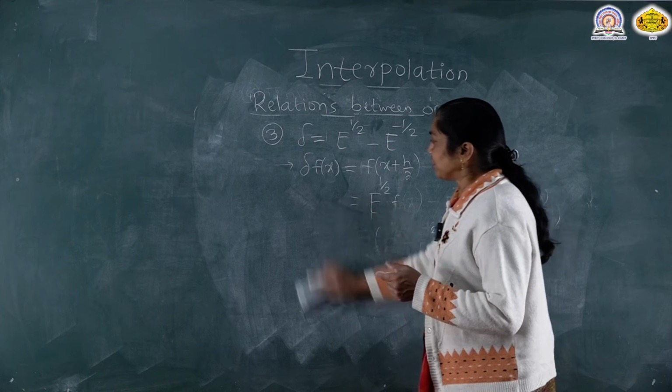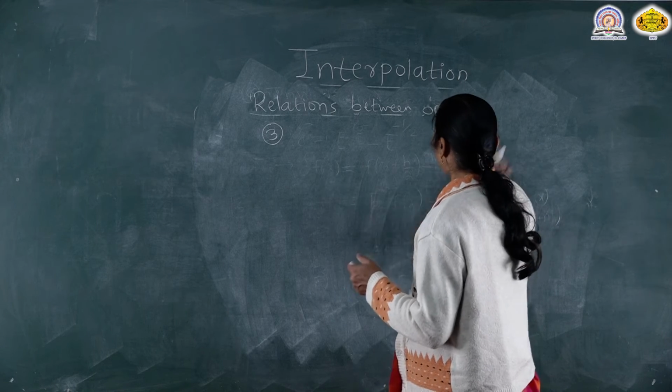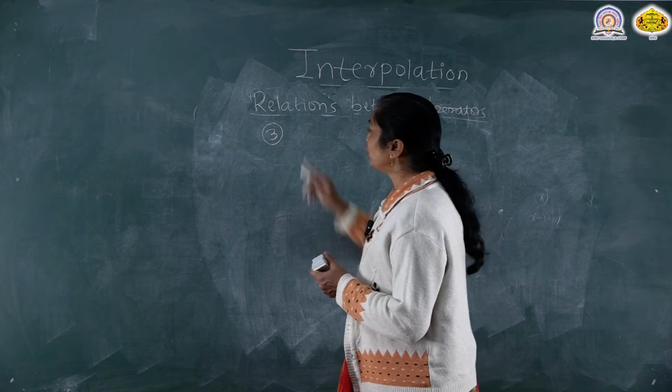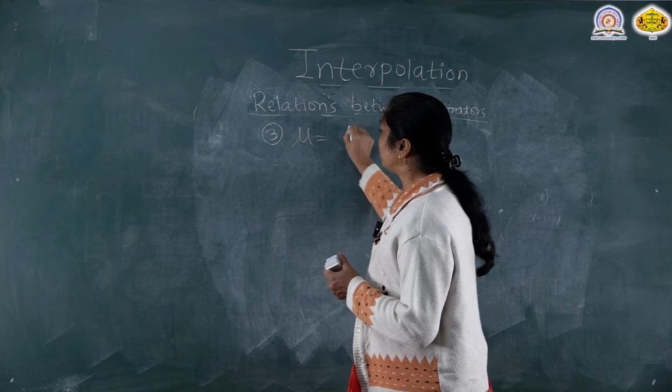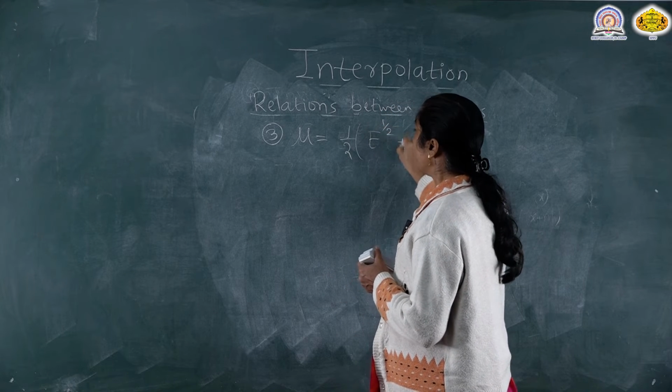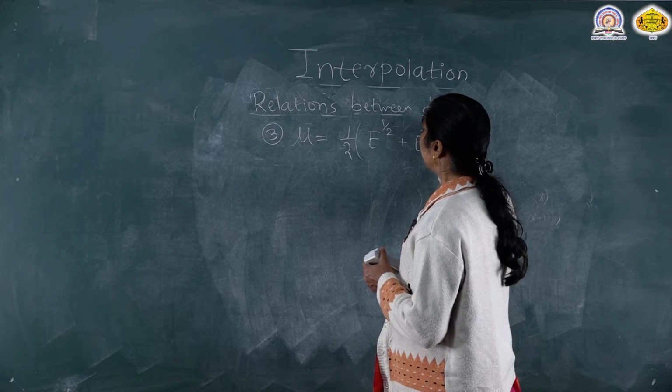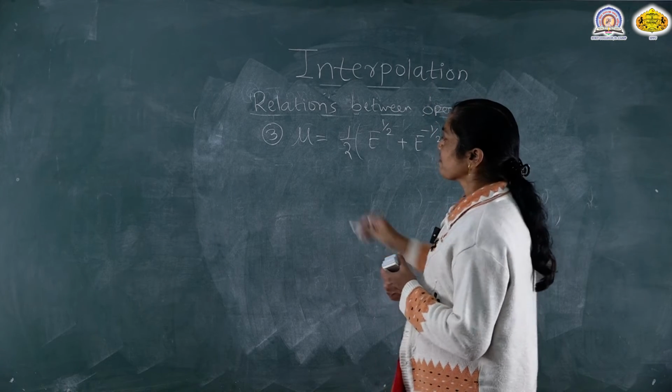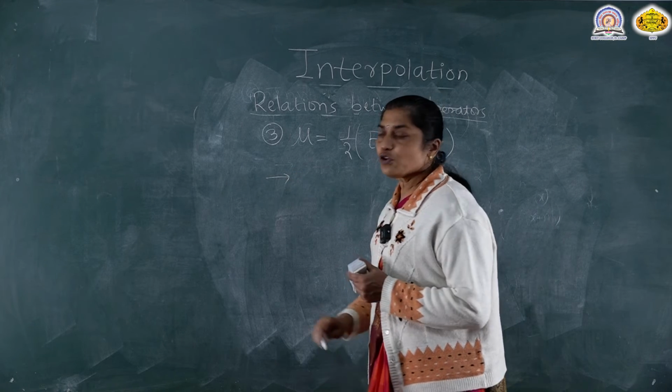The next relation is for the mean operator, and we want to prove that mu is equal to 1 by 2 into bracket E raised to 1 by 2 plus E raised to minus 1 by 2. See what is your definition of mu.